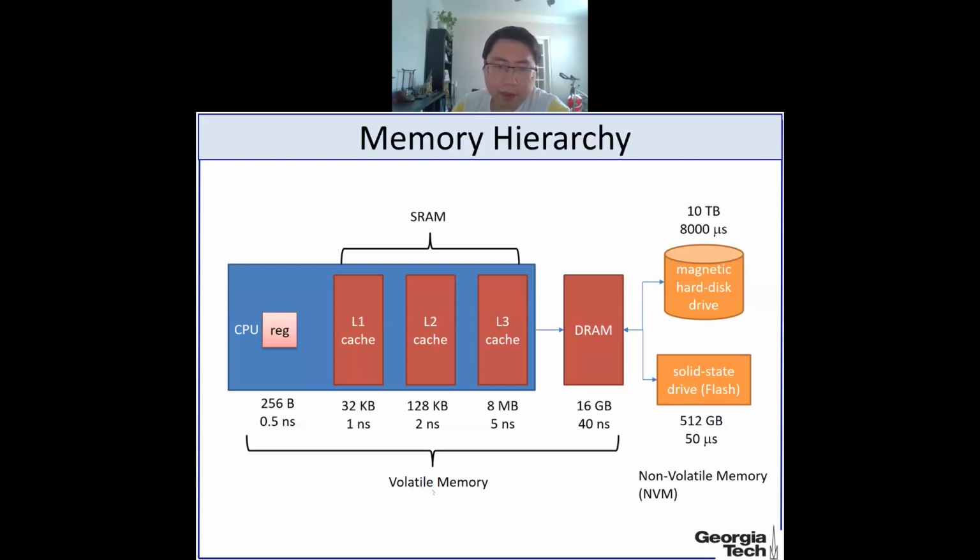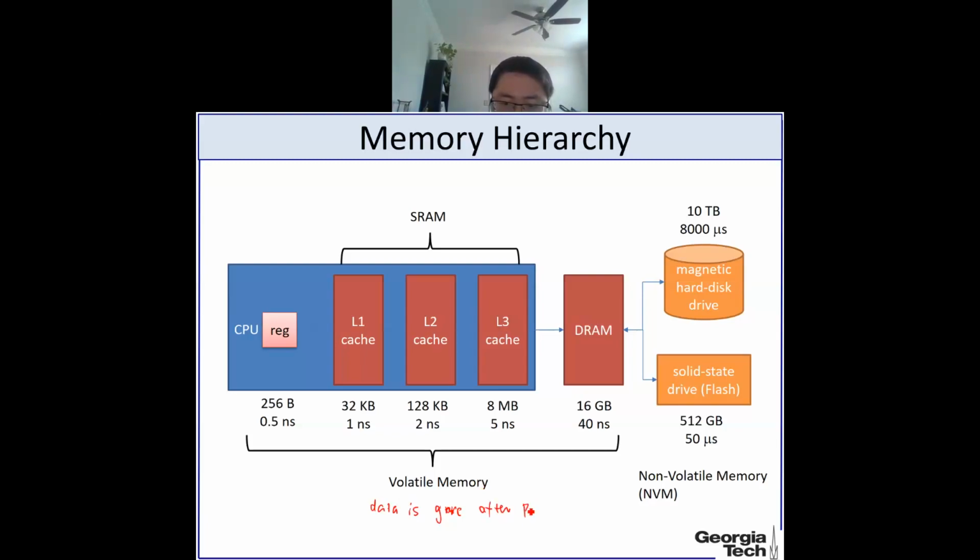So here, this is a key conclusion. Volatile means if your data is gone after power off, then this is volatile memory. So your data is gone after power off. Non-volatile memory means your data is still there, data kept after power off.